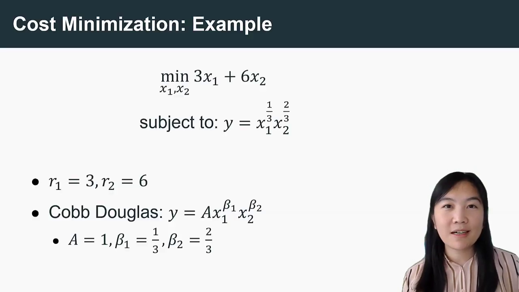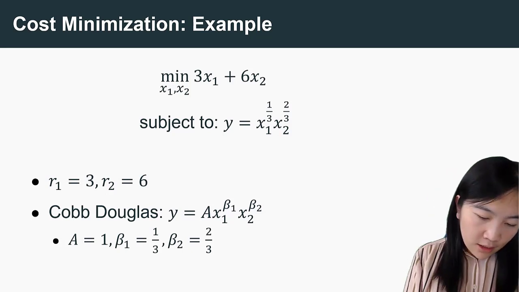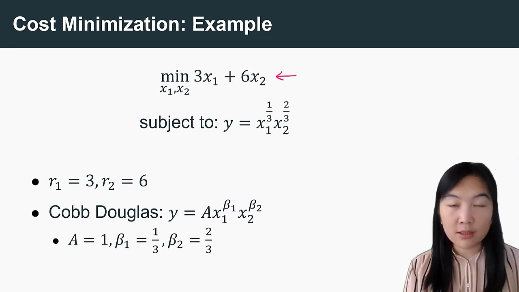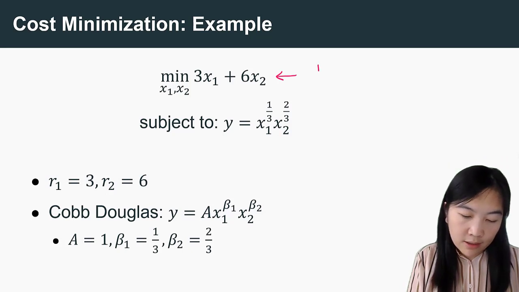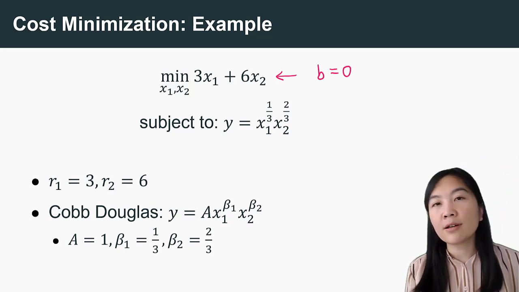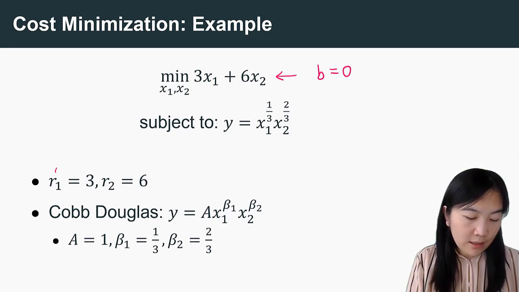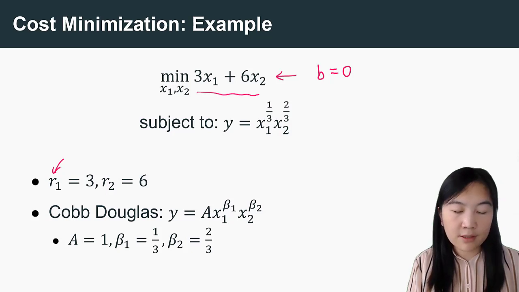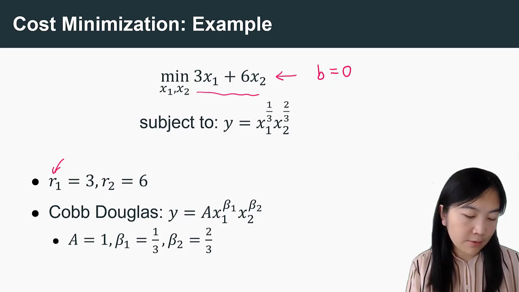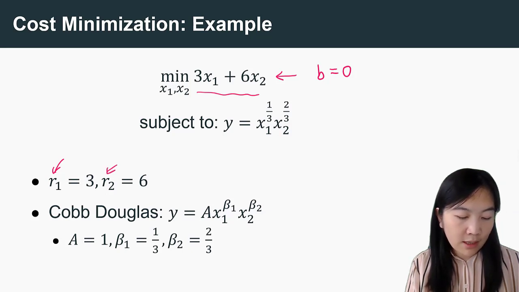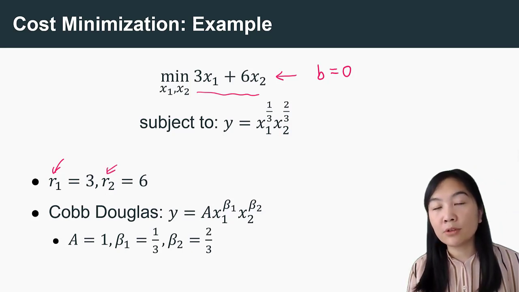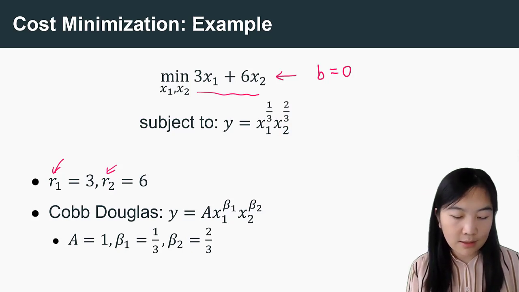Let's use an example here to illustrate the cost minimization problem. Here this is our cost function, and we are assuming the fixed cost is equal to 0. You can tell from this cost function that the input price for input 1, x1, is 3, and the price for input 2, x2, is 6.